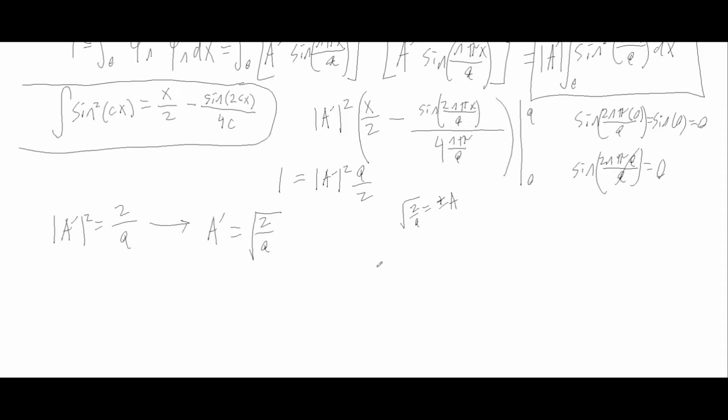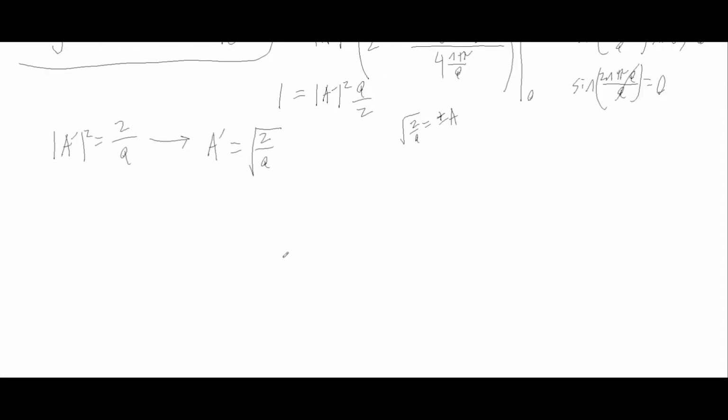And so we can now show that our wave function here is, instead of putting that uppercase a, we now have the square root of 2 over lowercase a sine of n pi x over lowercase a. So this is now the wave function that we are using.